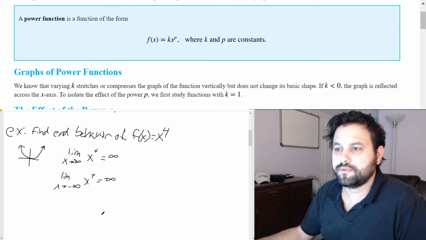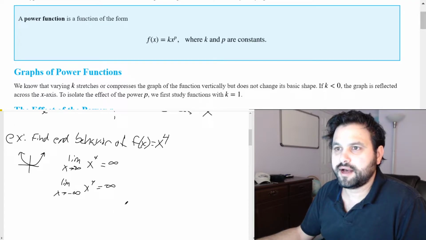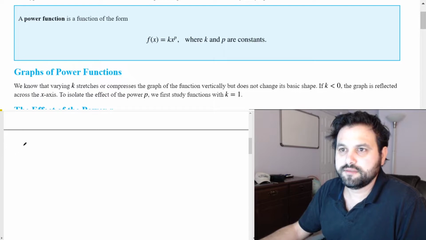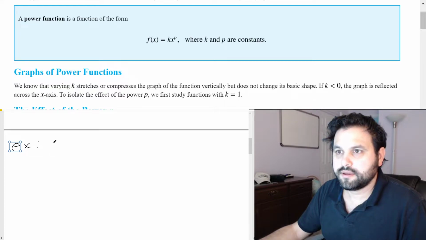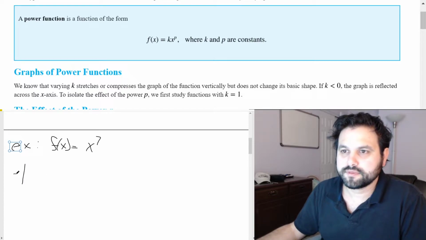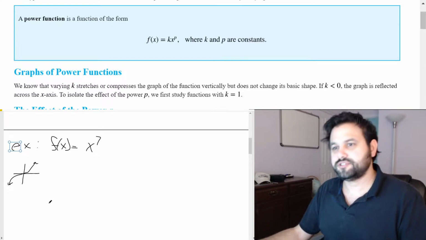Now, let's take a look at an example of an odd end behavior. So what's the end behavior of, let's say, f of x equals x to the 7? Well, that's going to look like this. I like to just sketch those out just so that I have them there.